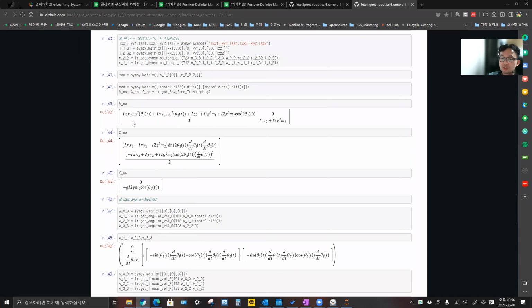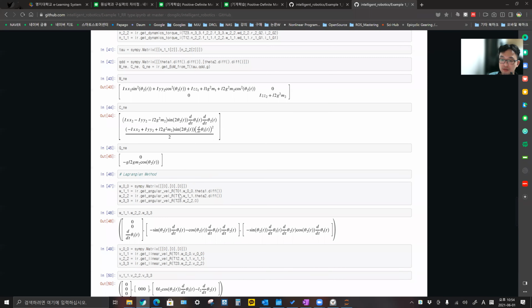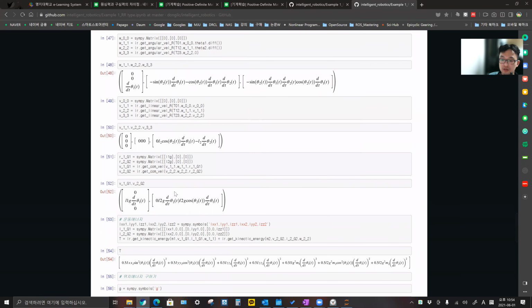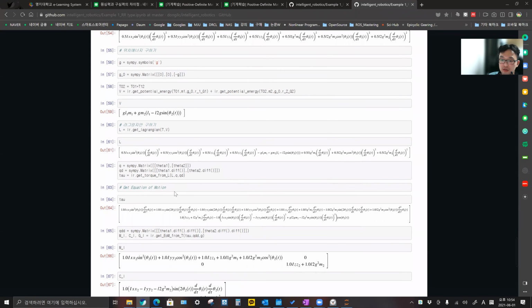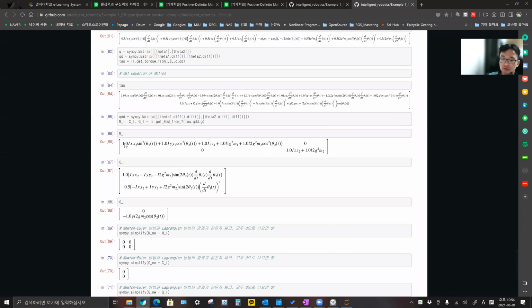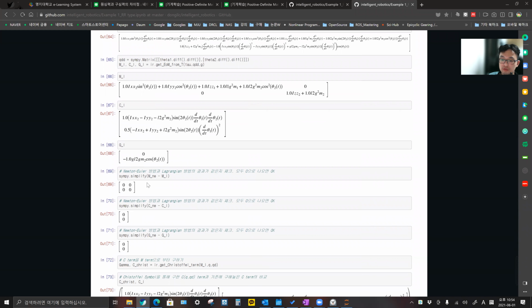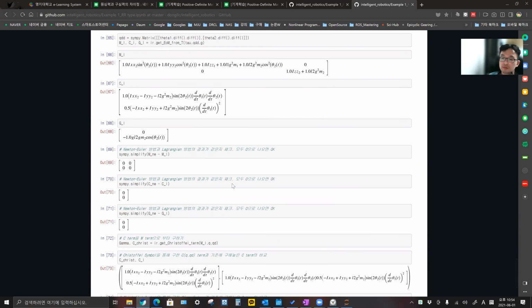So this one is the M matrix, this one is the C matrix, and this one is the G matrix. And using the Lagrangian method, I also calculated the equation of motion. This one has the same result, so we can confirm that the result is correct.